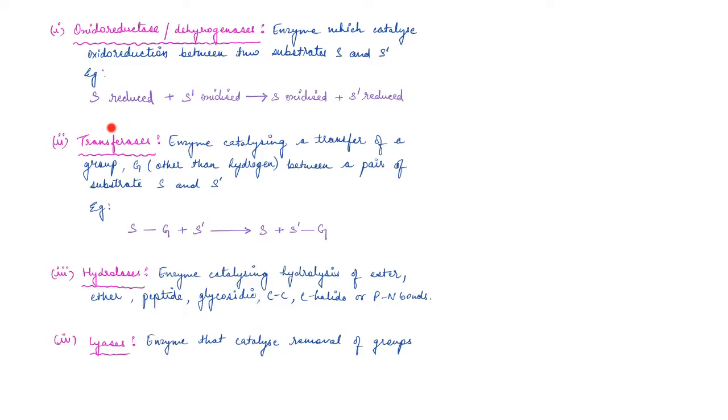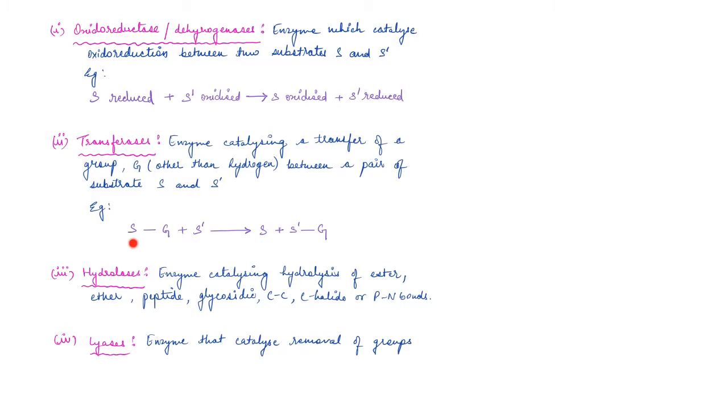Then there is another class of enzymes which are transferases. This enzyme catalyzes a transfer of a group other than hydrogen. So there are two substrates, S and S dash.